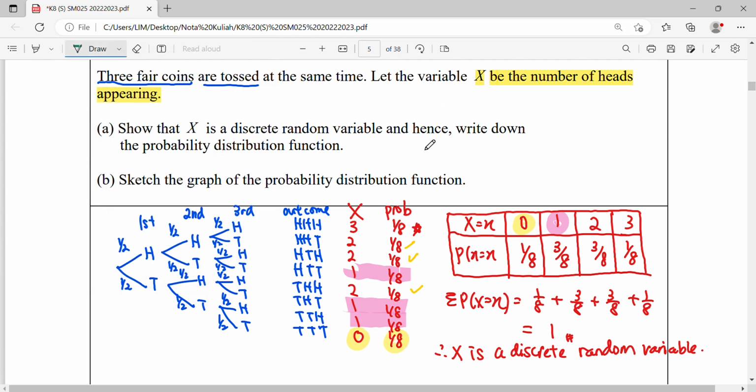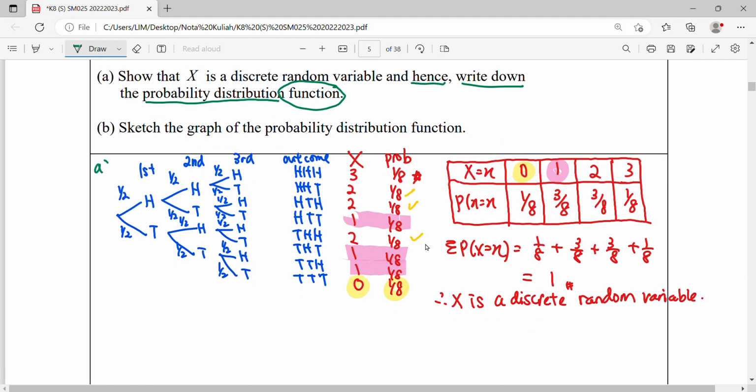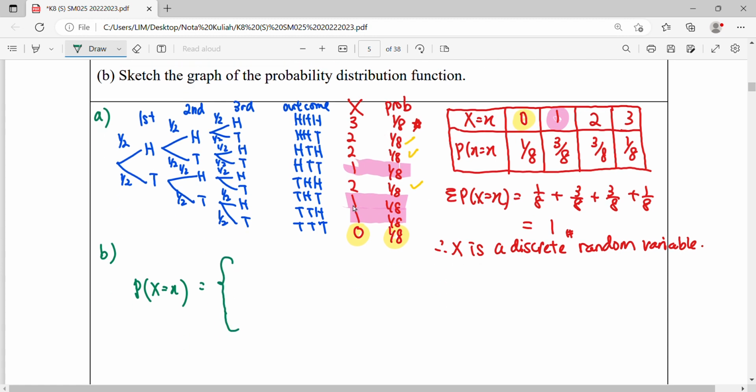Hence, task number 2, write down your probability distribution function. So they do one table, write down the function. To write down the function, you can use P(X=x) or f(x), small f. So write in piecewise function.